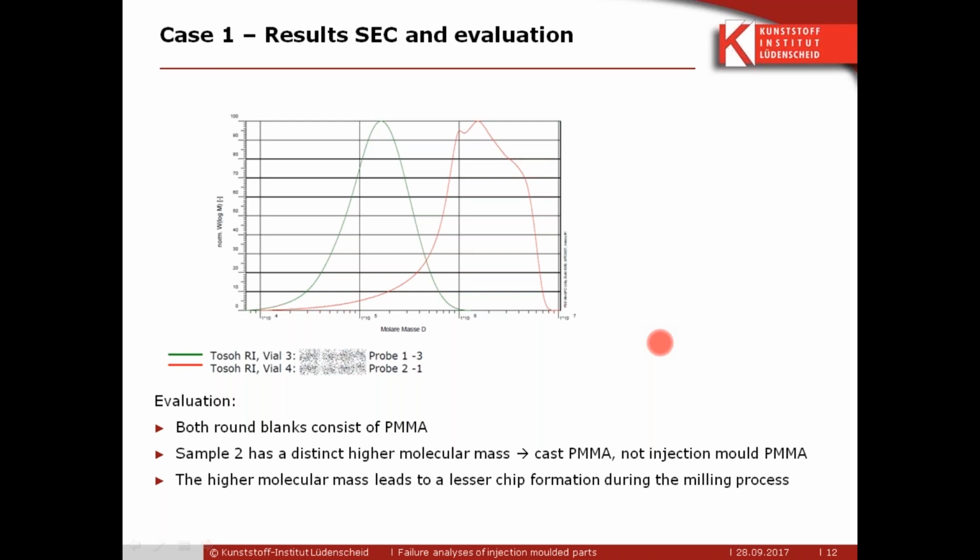I'm not really sure about that, but in case of a high molecular weight, you will have very long single chains, and this will lead to a very different behavior.